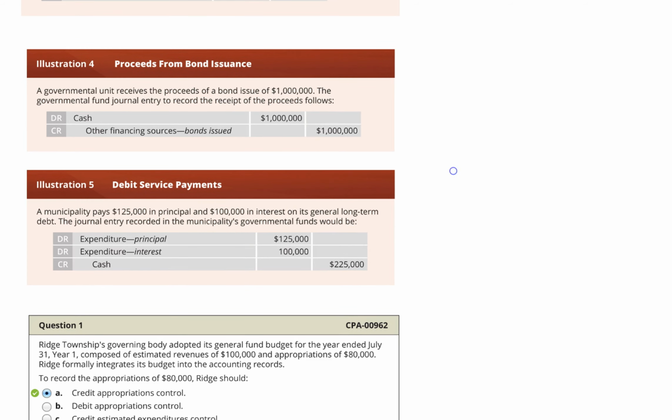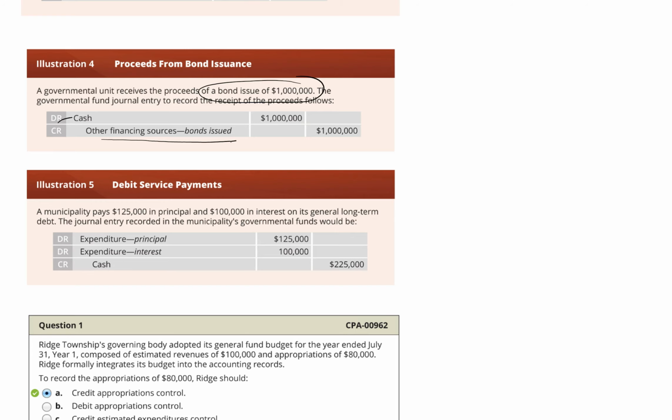Here I also mentioned the bond proceeds. If they issue bonds, they are receiving cash, but these proceeds will be considered other financing sources. Bond proceeds, or they can label it as bonds issued. Remember, they cannot credit bonds payable because this is the current financial resources measurement focus, so we cannot show any long-term items, long-term liabilities or long-term assets.